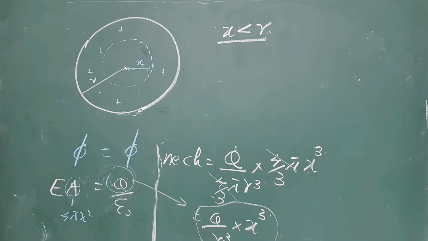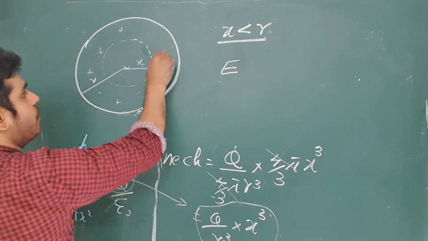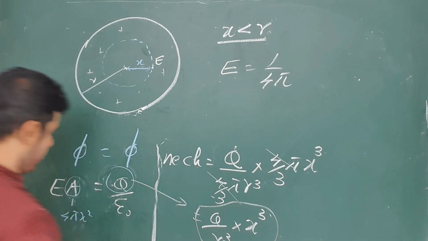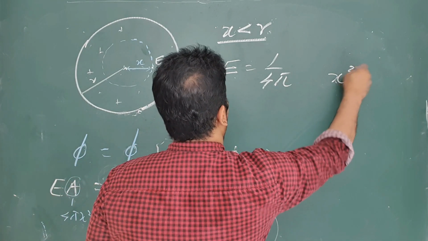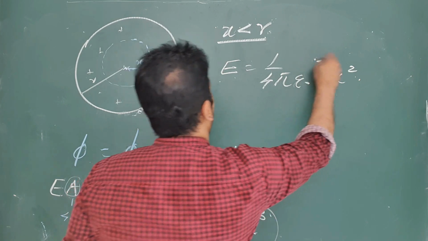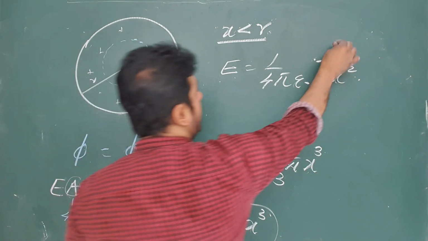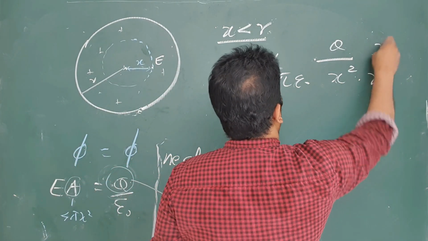Now we can do it. A equals 4 pi x square. Now this is E, 1 over 4 pi, because A comes here, 4 pi x square here, this is epsilon naught. Now this is the Q. Q is given by Q divided by R cube into x cube.